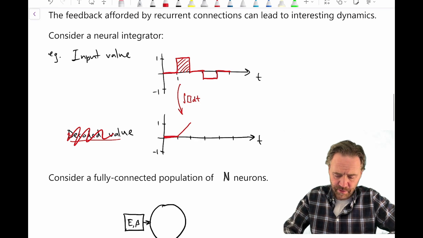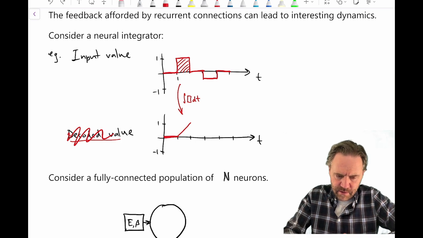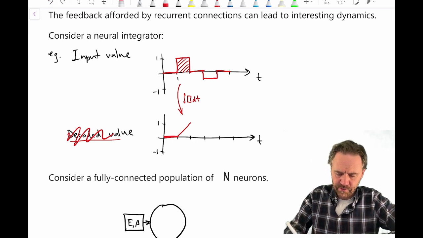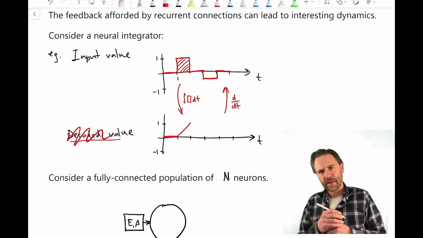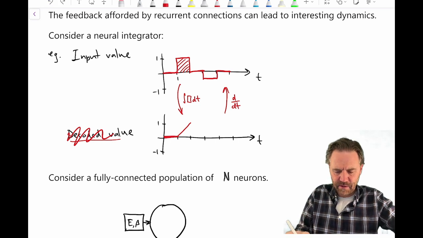And you can also go the other way. You can think of the slope of this thing as 1, and this thing is basically giving us the slope, so that going this way is d by dt. Then for the next second, the input is 0, so we don't integrate anything.